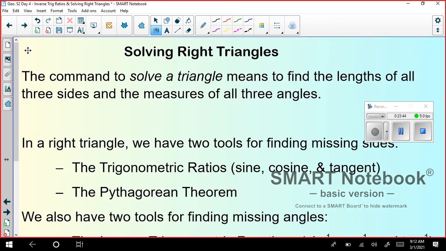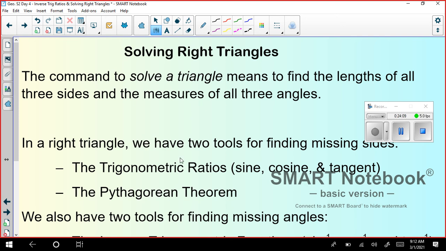Okay, solving a right triangle. The command to solve a triangle means to find the lengths of all three sides and the measure of all three angles. Whenever they tell you to solve the right triangle, it doesn't mean you're just supposed to find one angle or one side. It means you need to find all the missing angles and all the missing sides.